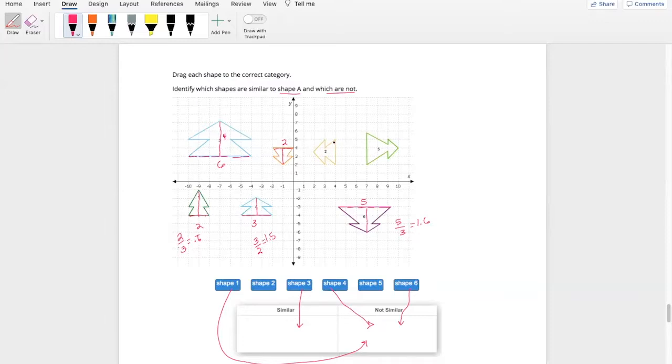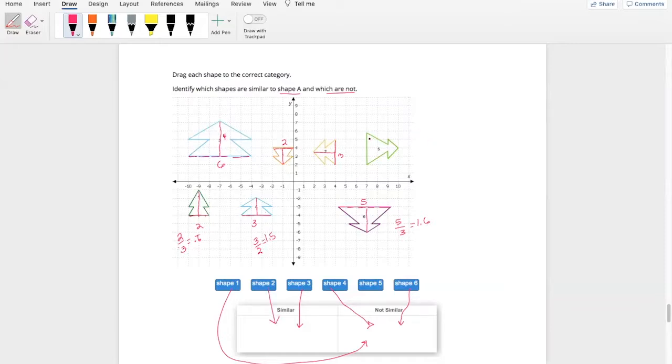How about shape number 2? That bottom longer side is 3, and it looks like the height stayed 2. So these two are congruent actually, so that also makes them similar.